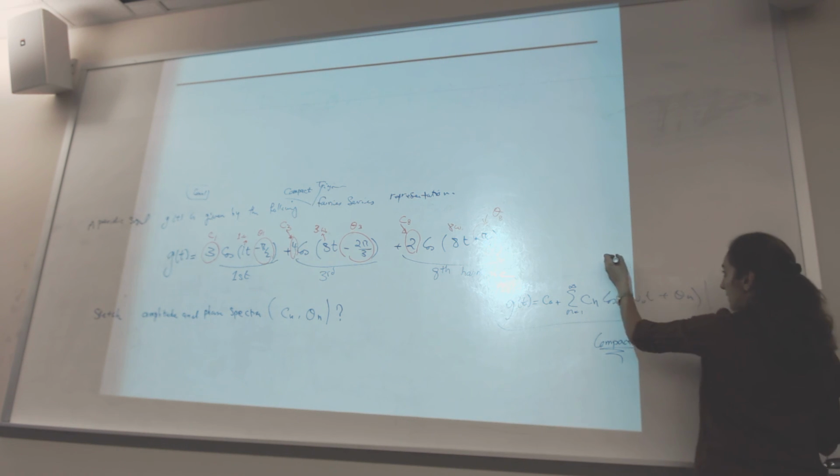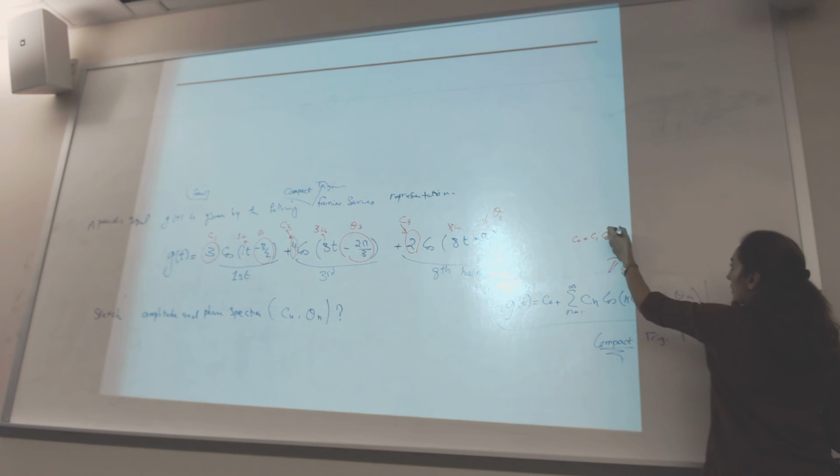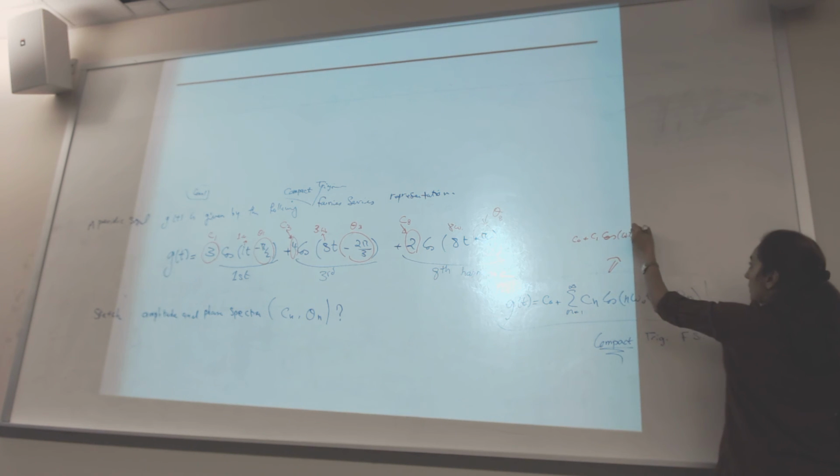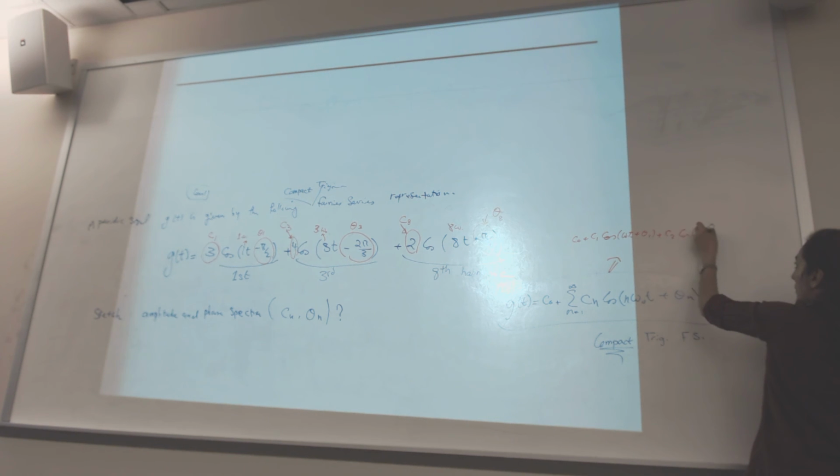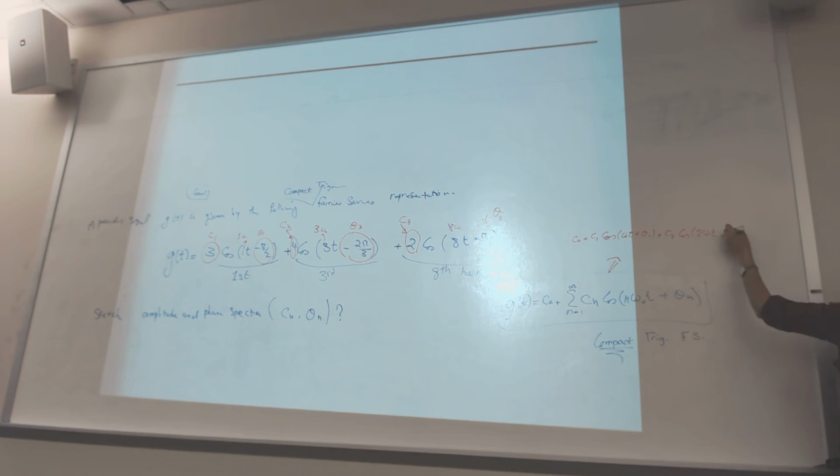If you expand this, it is C0 plus C1 cosine of omega naught t plus theta 1, and then C2 times cosine of 2 omega naught t plus theta 2, C3 cosine of 3 omega naught t plus theta 3, etc. See? First harmonic omega naught, 2 omega naught, and then the corresponding coefficient. 3 omega naught, corresponding coefficient, etc.